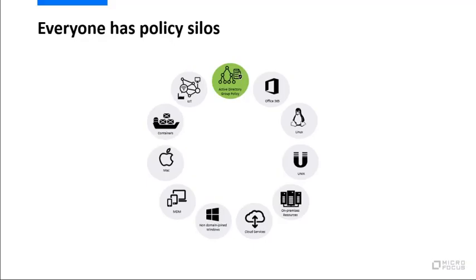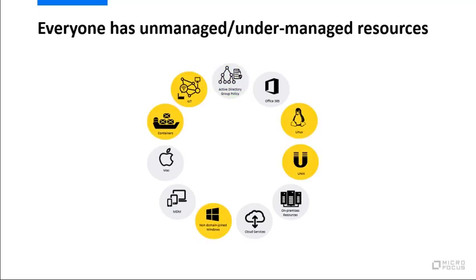I did want to mention that everybody's familiar with Active Directory group policy and is pretty comfortable with what we do. You do have these unmanaged or undermanaged resources, as I mentioned before. You may be doing some management of Linux and Unix, but it's outside of what you're doing there, and you've got multiple pieces.